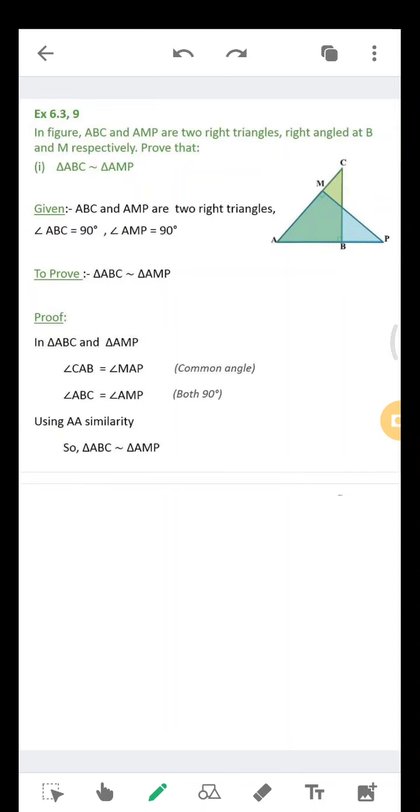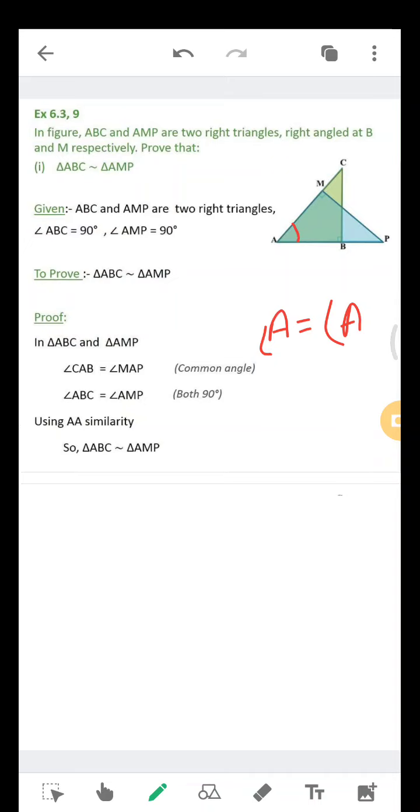So in triangle ABC and AMP, CAB, we are naming angle A as CAB, and for triangle AMP it's MAP. These both are angle A named in a different way. So you can even write angle A is equal to angle A also, that doesn't matter.